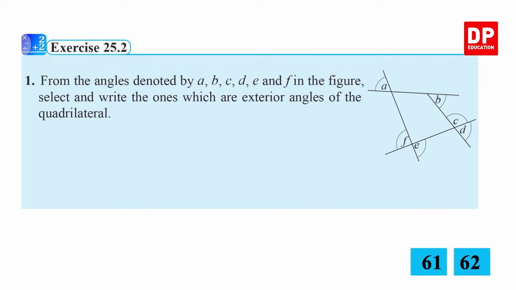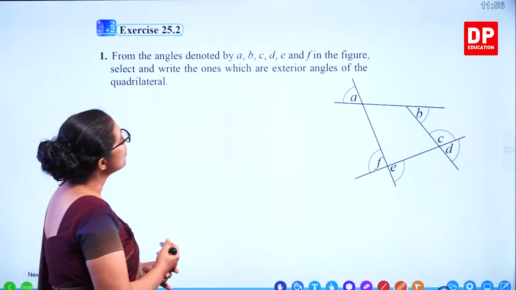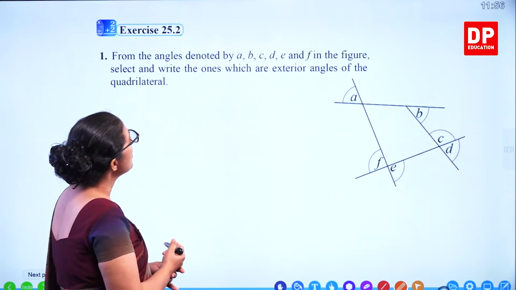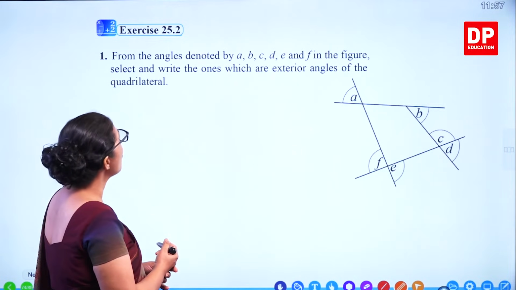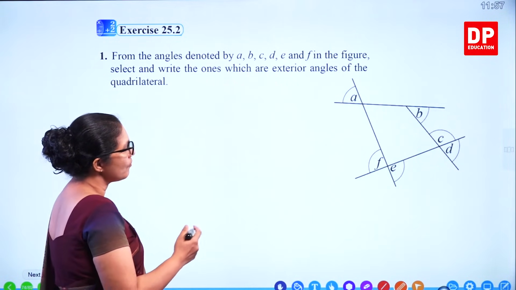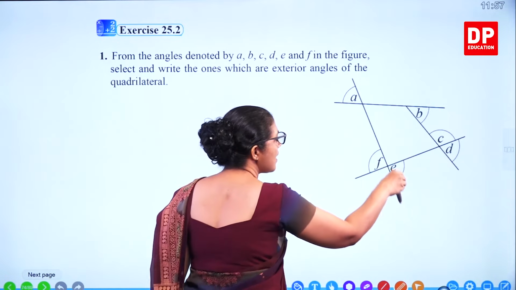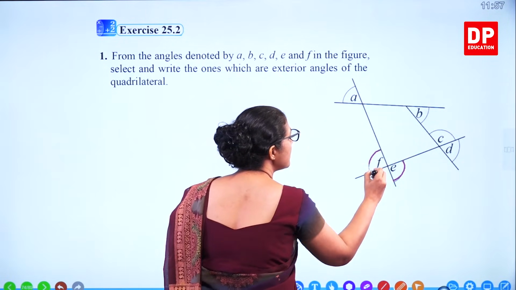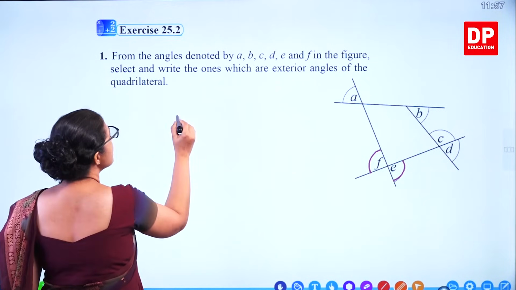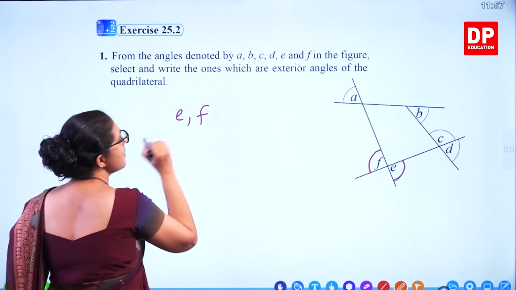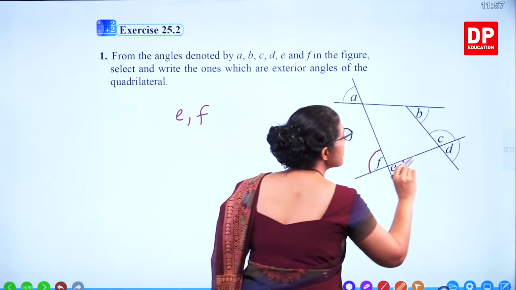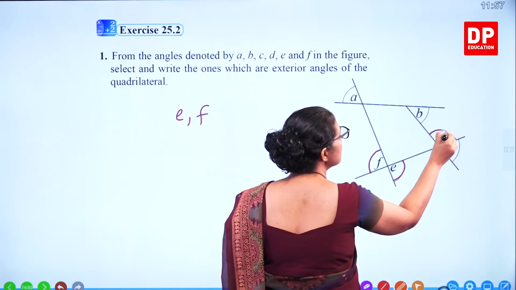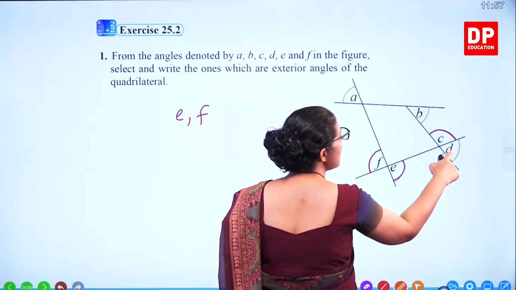Exercise 25.2. From the angles denoted by A, B, C, D, E and F in the figure, select and write the ones which are exterior angles of the quadrilateral. When you extend this line, you get this angle. And this is also exterior. So exterior angles are equal. E and F are exterior angles. When you extend this line, you get this angle. But D is not an exterior angle.